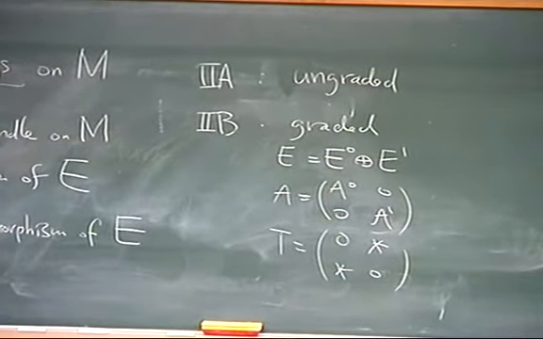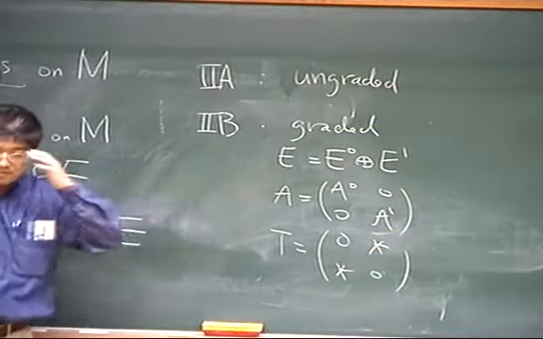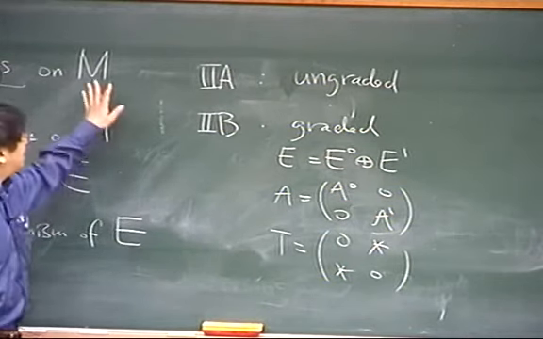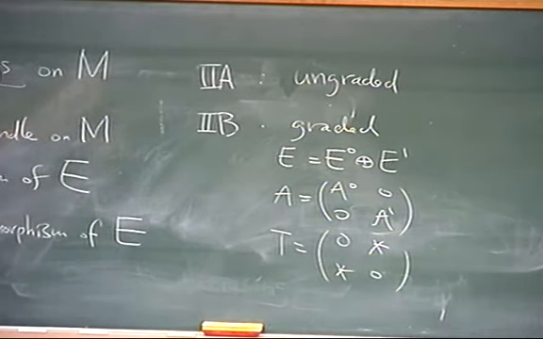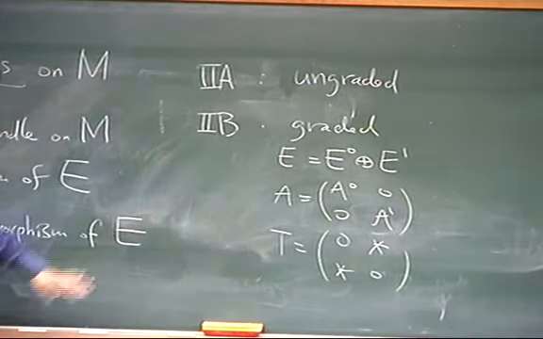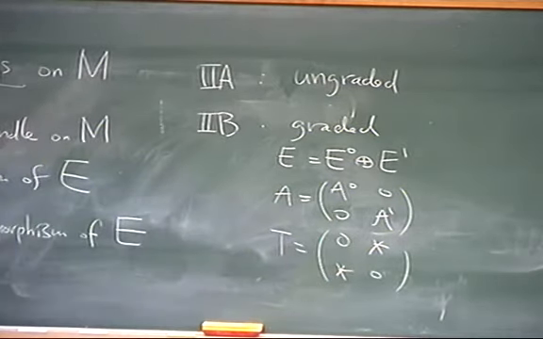And if you require some additional conditions, say A has only (1,1) curvature, so say M has some part which is a Calabi-Yau manifold, and A has (1,1) curvature, and T is holomorphic, a part of T is holomorphic. Then it specifies a complex of holomorphic vector bundles.